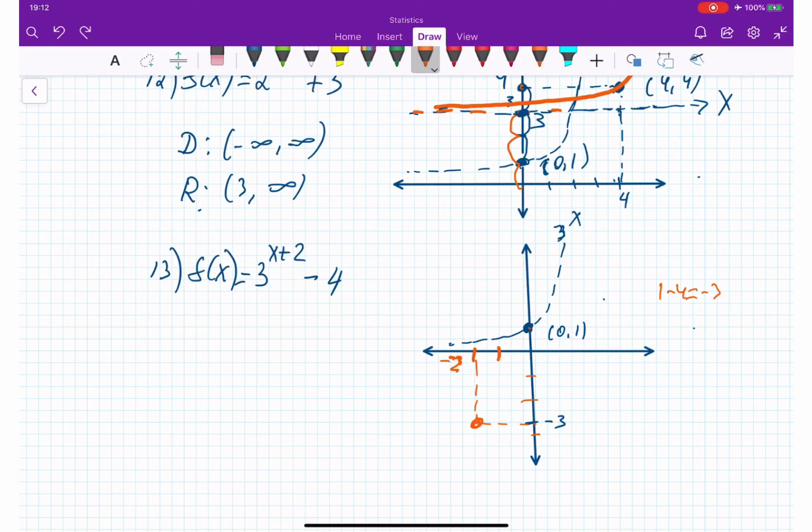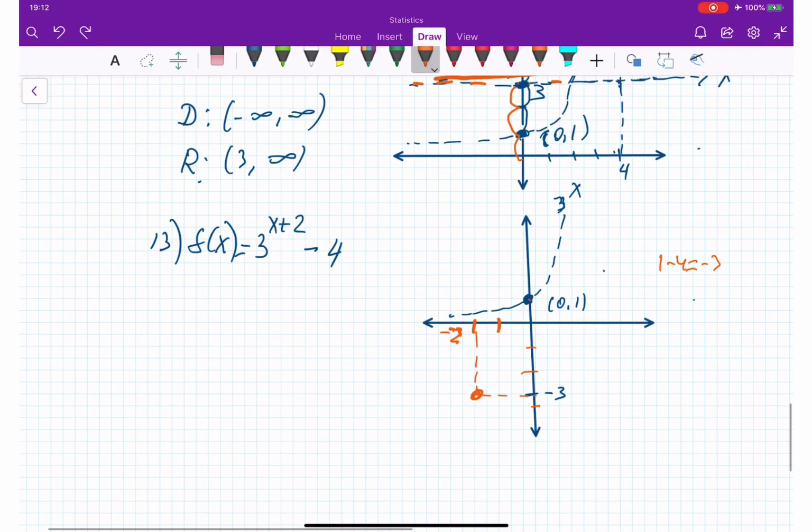From 1 minus 4, it's going to be negative 3. And shifting to the left, x, negative 2. So where will my x move practically? My x will go down to negative 4. Okay, this is going to be my x. Because, why? Because we have 1 down, right? 0. So if it's negative 3, 1 down, it's going to be negative 4.